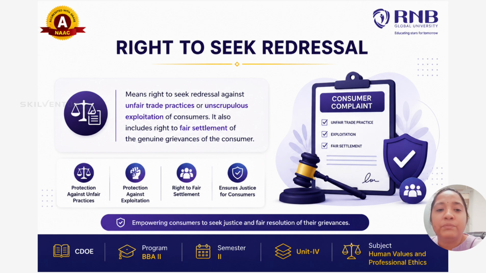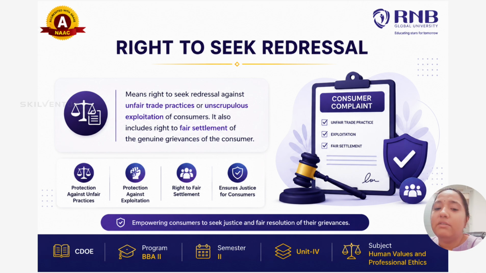So if a consumer is cheated, receives defective goods, or poor quality services, they have the right to take action and get their problem resolved. It also includes the right to a fair settlement of genuine complaints, and this means that consumers can demand repair, replacement, refund, or compensation, depending on the loss or damage they have suffered.